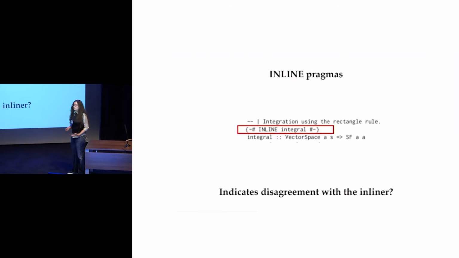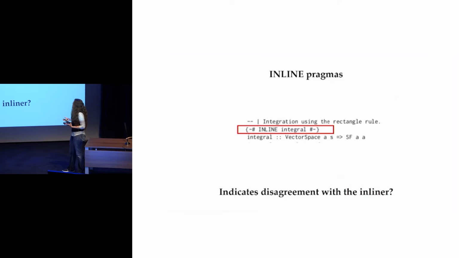So how do we know that GHC inlines poorly? We don't. So that's why we set out to find some evidence to confirm whether or not this is probably the case. In the search for this evidence, we were looking at code, and we made the observation that a lot of times people include this thing called an inline pragma.